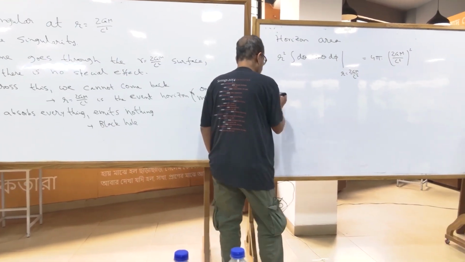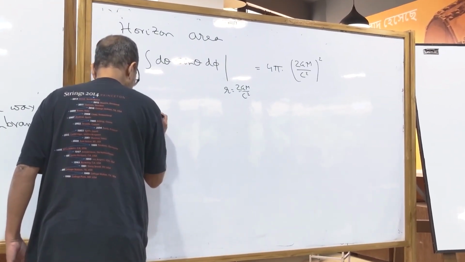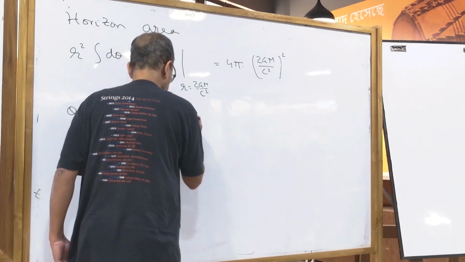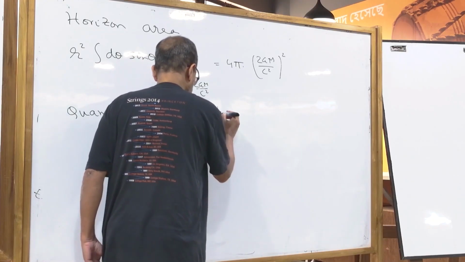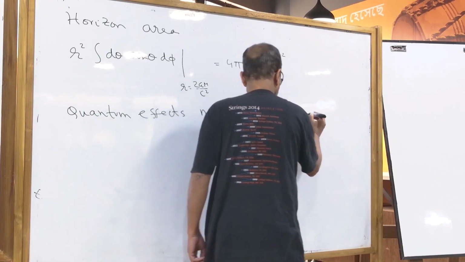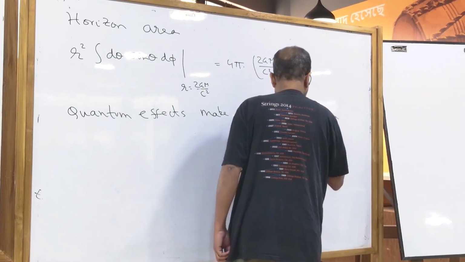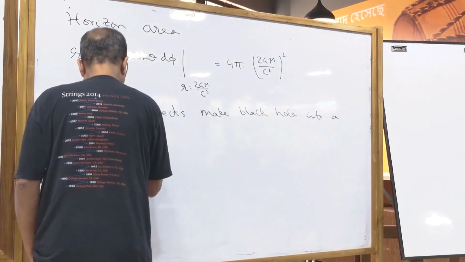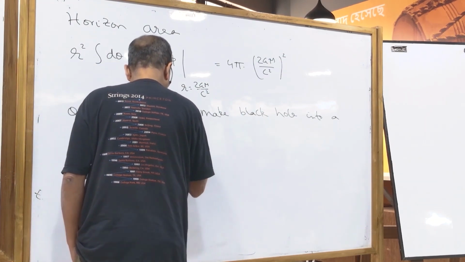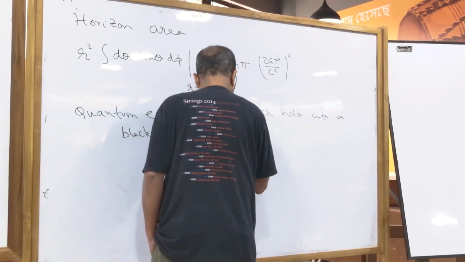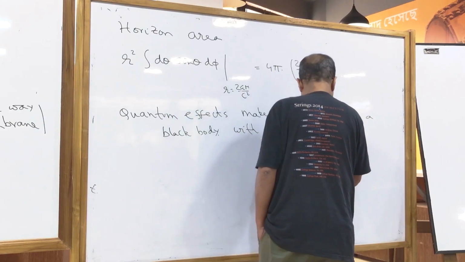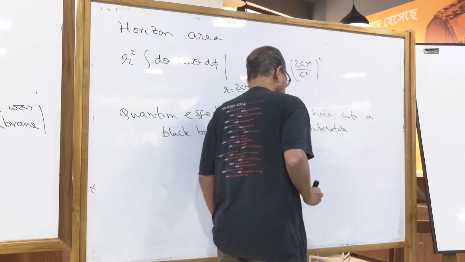So quantum effects make a black hole into a black body with finite temperature. Okay.